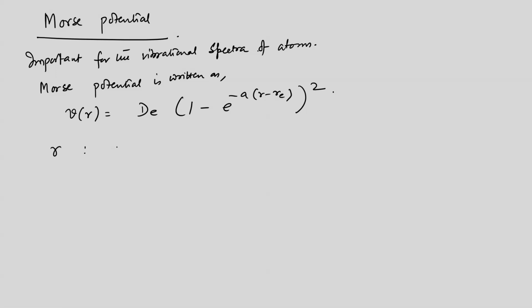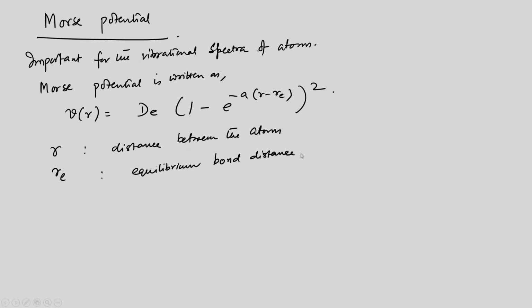So, r is the distance between the atoms, r e is the equilibrium bond distance, d E is the well depth, and A controls the width of the potential.